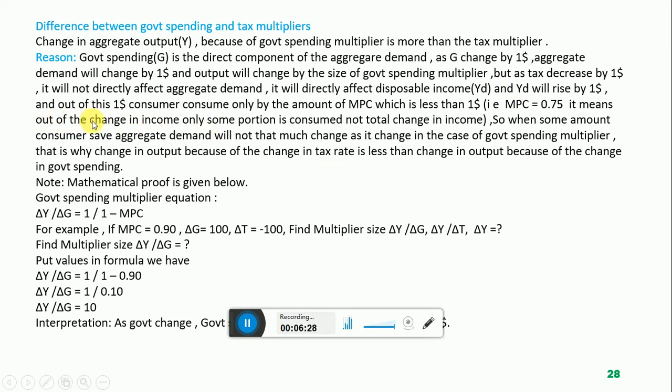Out of the increase in income, only some portion is consumed, not the total income increase. So when consumers save some amount, aggregate demand will not change as much as it changed in the case of the government spending multiplier. That is why the change in aggregate output because of the change in tax is less than the change in aggregate output level because of the change in government spending.